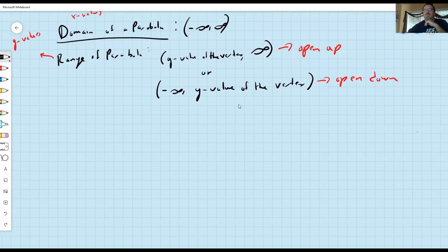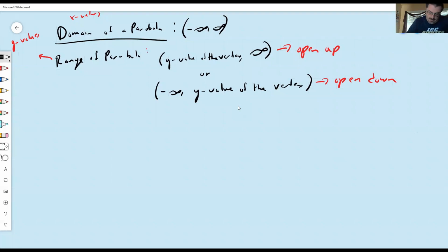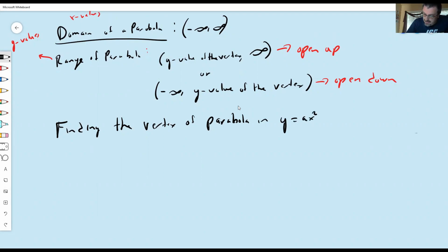Now, finding the vertex of a parabola in y equals ax squared plus bx plus c form.